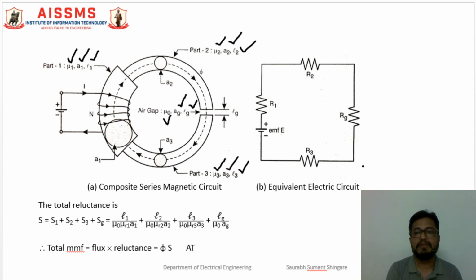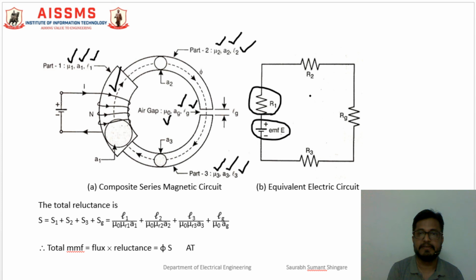It is shown in figure B. Here once again, EMF is similar to MMF of this composite series magnetic circuit. R1 is similar to the reluctance of part 1 of composite series magnetic circuit.